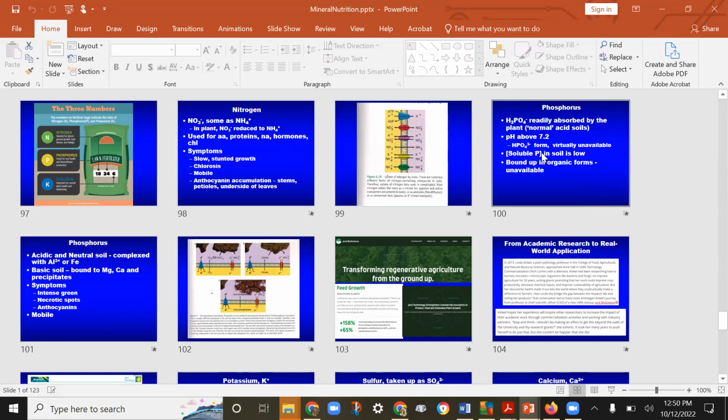You want us to know how the elements are taken up? Probably the most important one is nitrogen, that nitrate is the preferred form. I think that really is the only one I would ask about in detail. All the other ones, it's like they need phosphorus, I'm not going to say what form.